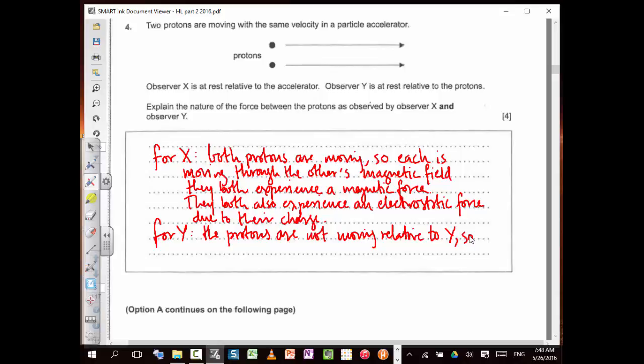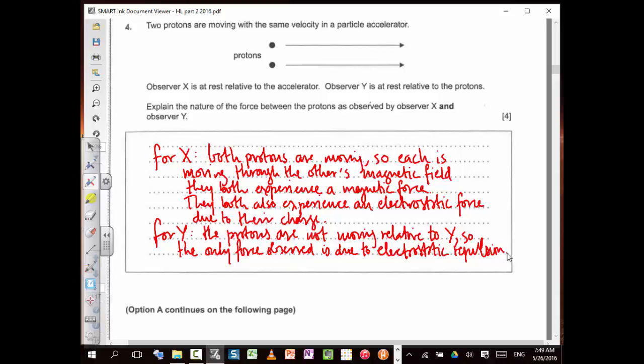So the only force observed is due to electrostatic repulsion.